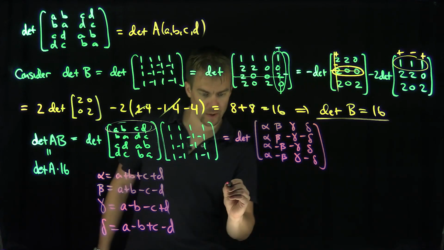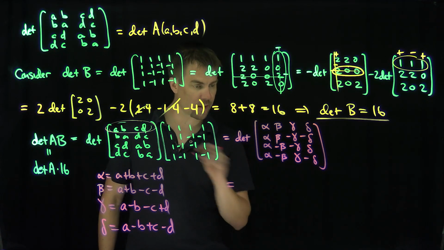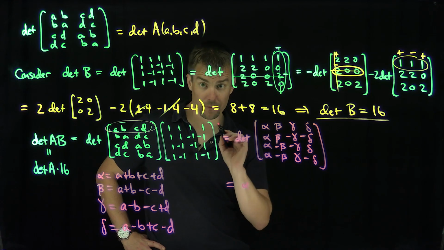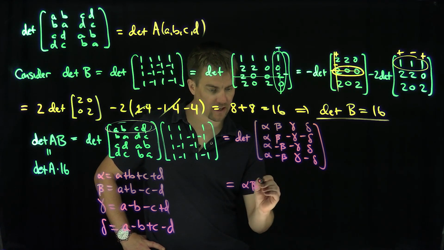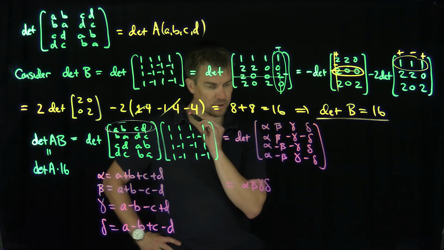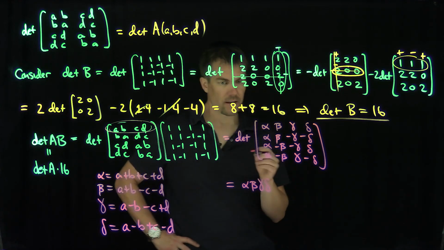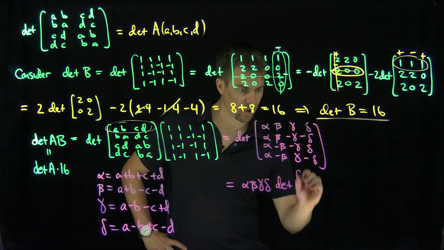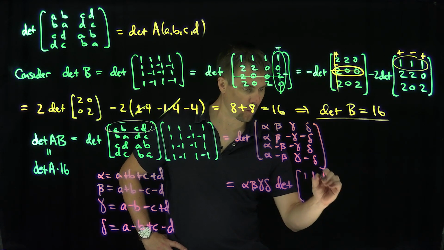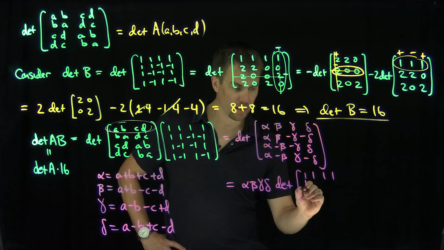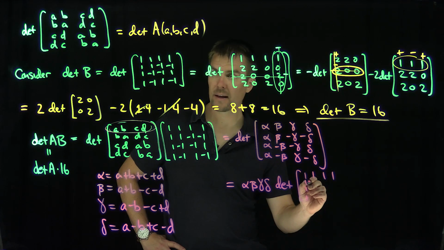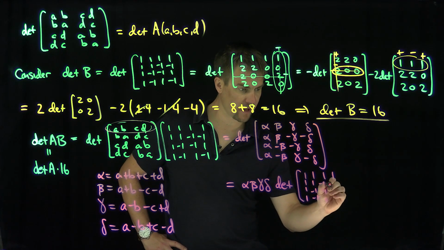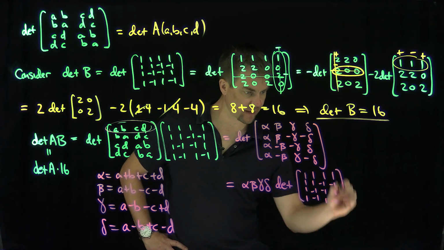Now we're in great shape, because I can say that this is exactly equal to alpha, pulling out an alpha from the first column, a beta from the second column, a gamma from the third column, and a delta from the fourth column. I get alpha, beta, gamma, delta times the determinant of just what's left over, which is the matrix 1, 1, 1, 1, 1, 1, negative 1, negative 1, negative 1, negative 1, 1, negative 1, 1, 1, with a negative sign over there.